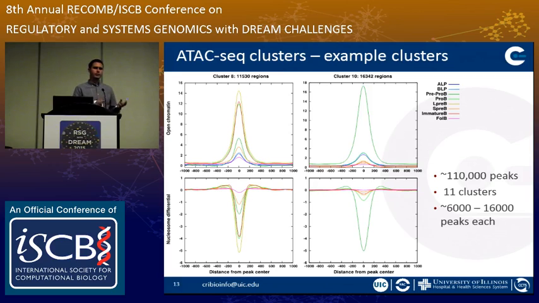But only by looking at the differential enrichment can you see this actual gradient, these actual differences in the enrichment levels. It also worked out nicely that the 11 clusters split up the 110,000 peaks reasonably evenly. Each had around 6,000 to 16,000 regions.